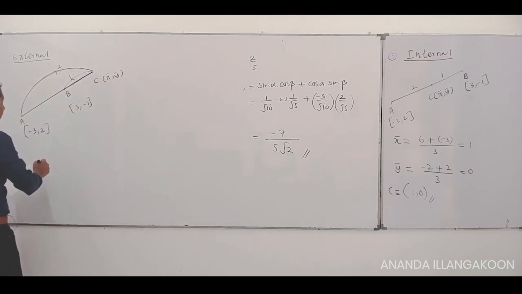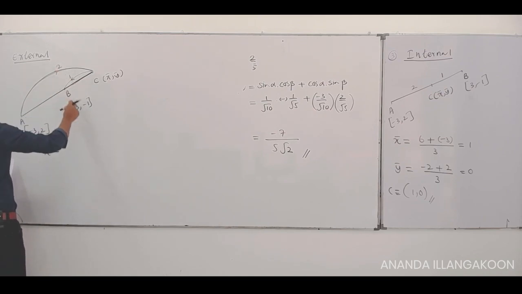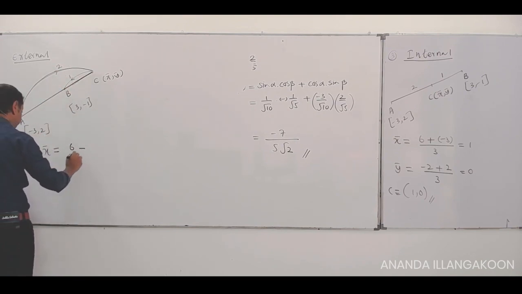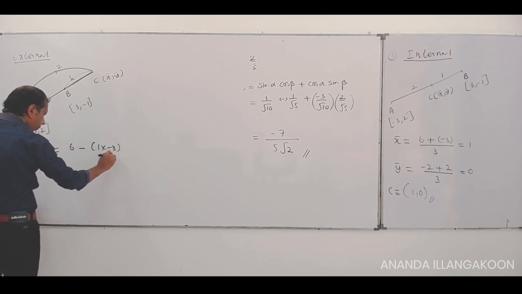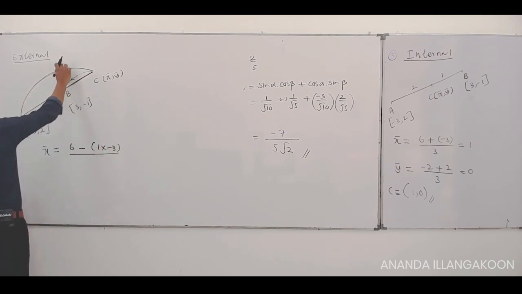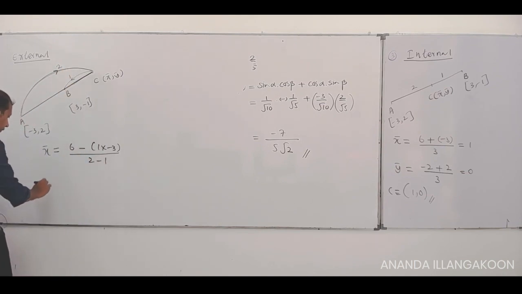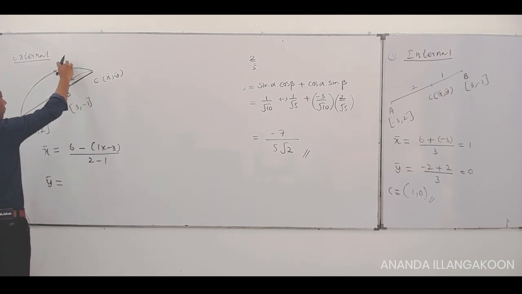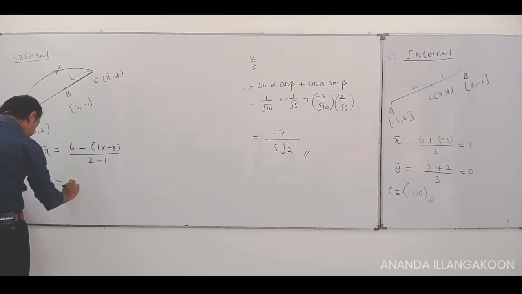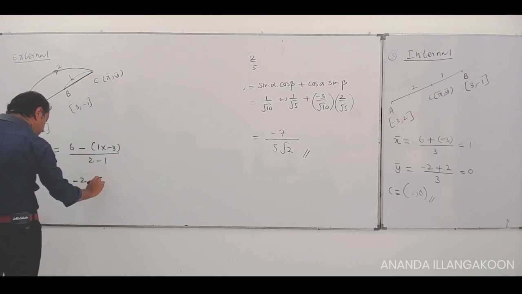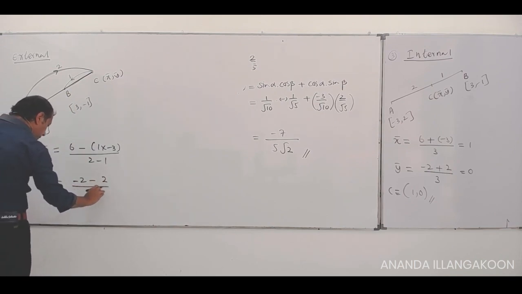So then x bar we can write, right? 2 into 3, 6, we put minus 1 into minus 3, divided by the bigger ratio figure minus the smaller one. For the y bar also we take the same way, right? 2 into minus 1, minus 2, minus 1 into 2, 2, divided by 2 minus 1.